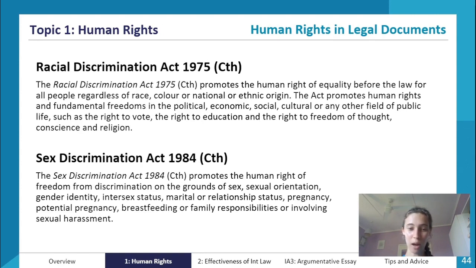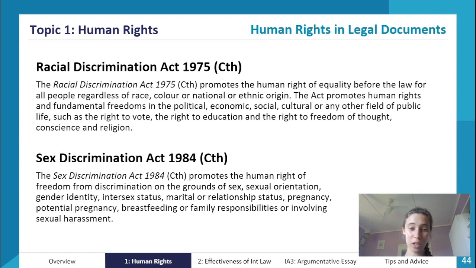So, for example, the right to vote, the right to education, and the right to freedom of thought, conscience, and religion. These things might seem pretty obvious to us now, but some time ago, I guess, there was a lot more segregation, and you didn't necessarily have these sorts of rights. So it's all, I guess, a work in progress.